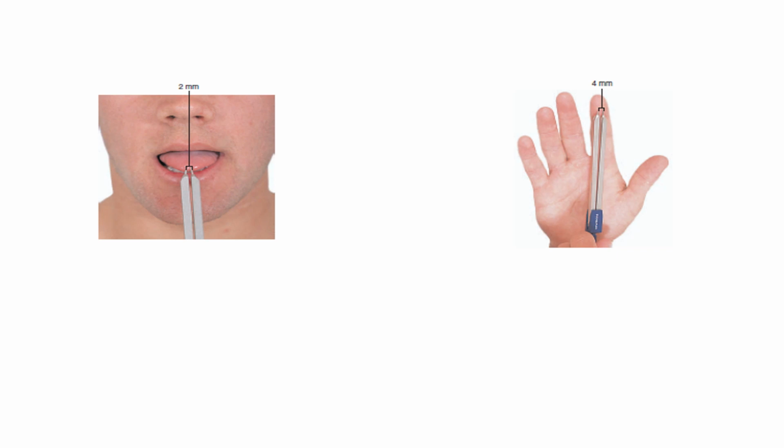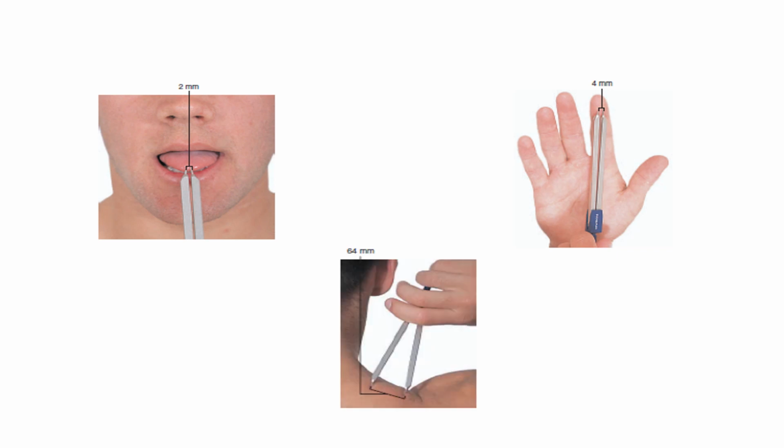But if the distance between the 2 points is more than 4 millimeters, it will be perceived as 2. And look at the shoulder, for example. If it is less than 64 millimeters, it will be perceived as just one point. But if it is more than 64, it will be perceived as 2.